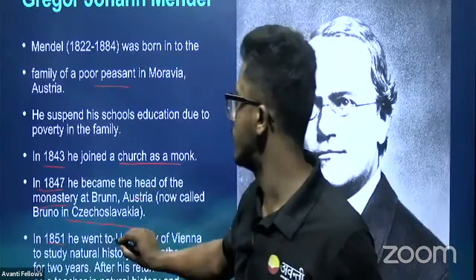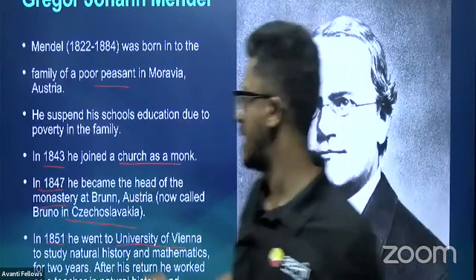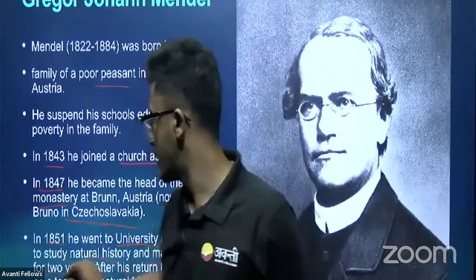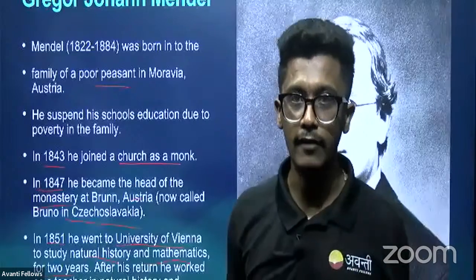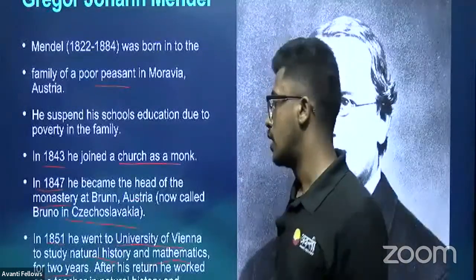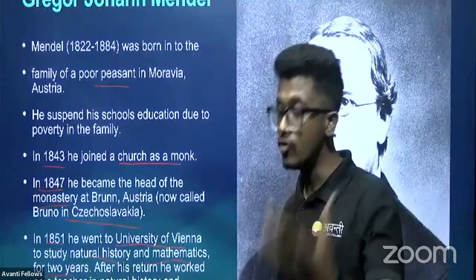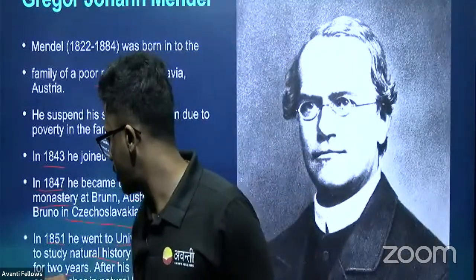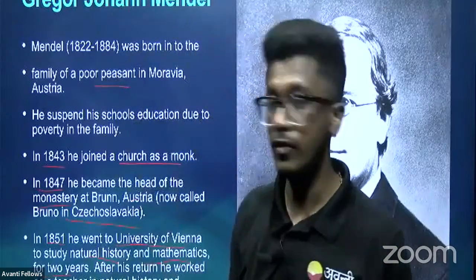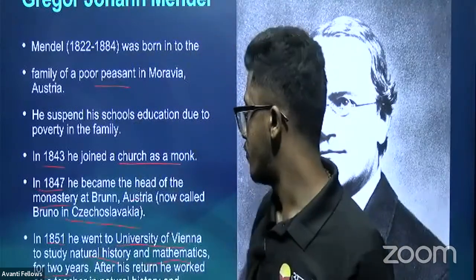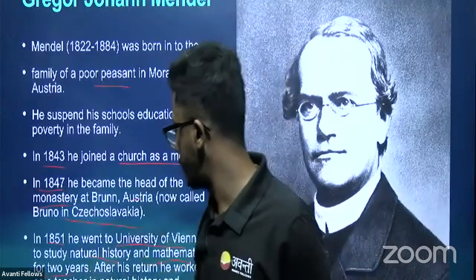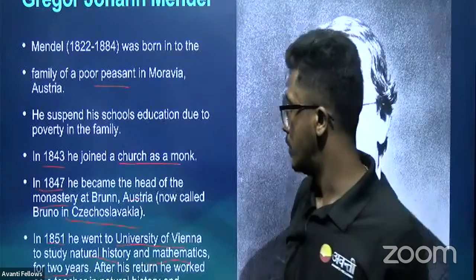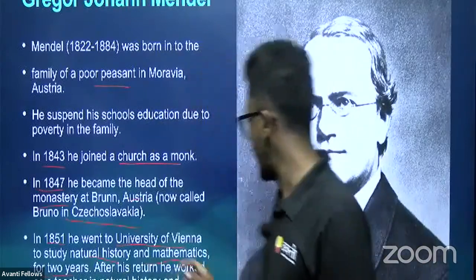He goes to the University of Vienna to study natural history and mathematics for two more years. His interest in academics rises and he becomes a teacher of natural history and mathematics, which he taught between 1856 and 1865.